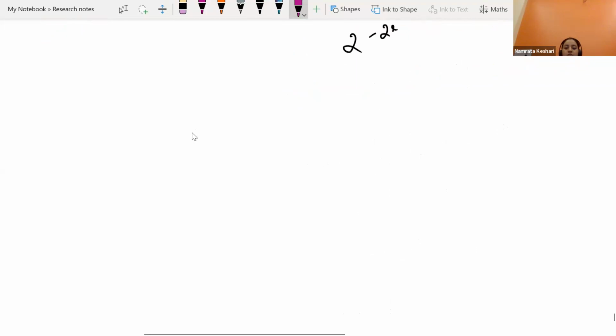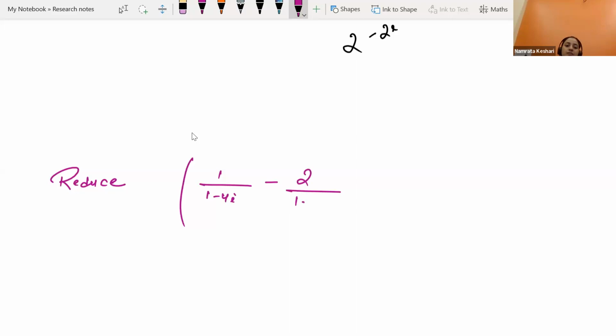So the next question is: reduce (1/(1 - 4i) - 2/(1 + i)) times (3 - 4i)/(5 + i) to standard form.